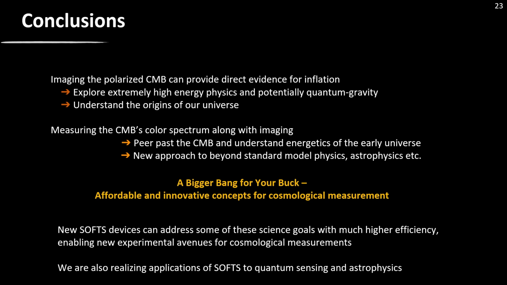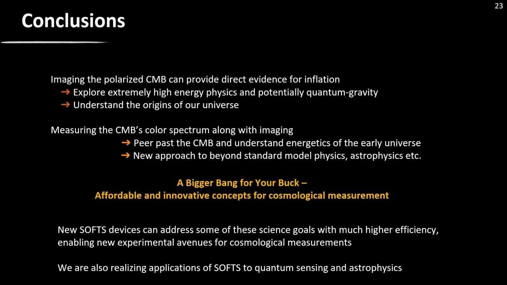And with that, I will go to the conclusion. So we have two ways to look at the early universe using the CMB. One is the texture in the polarized images that tell you about these B modes from inflation. The other is to talk about the color. So one is this picture, and the other is color.